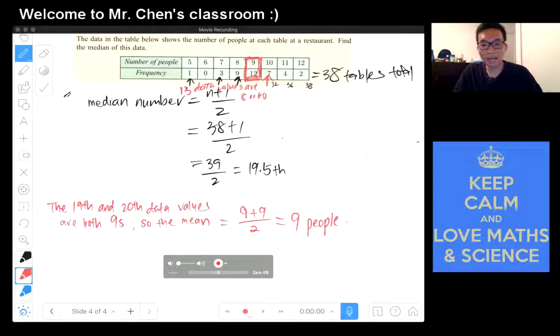Even though both are the same, when you add the same number and divide by 2, you get the same number. So the median of that data is the table with 9 people.